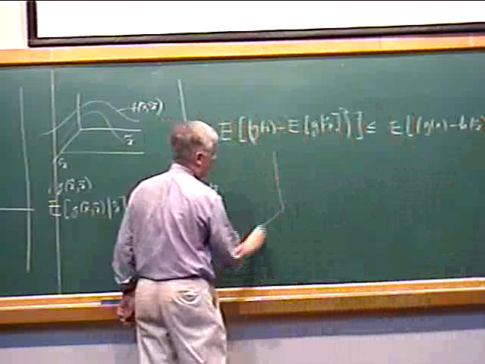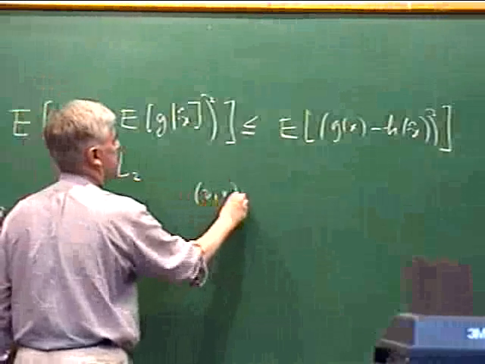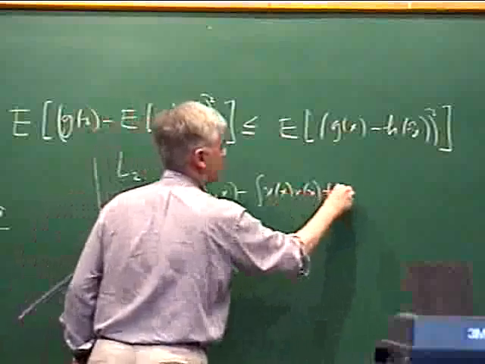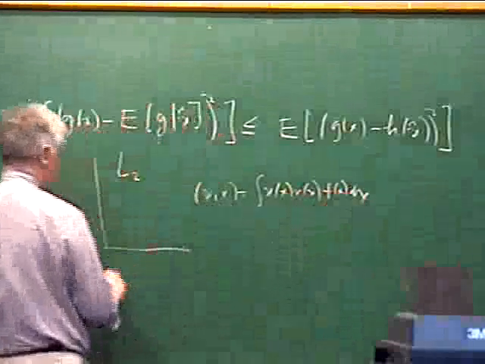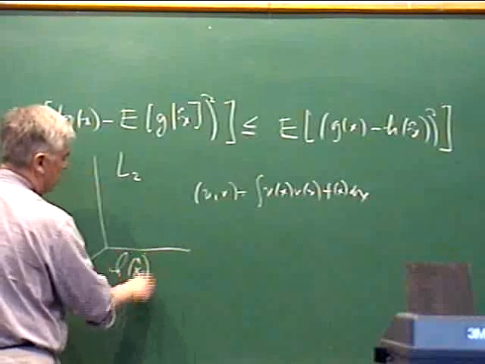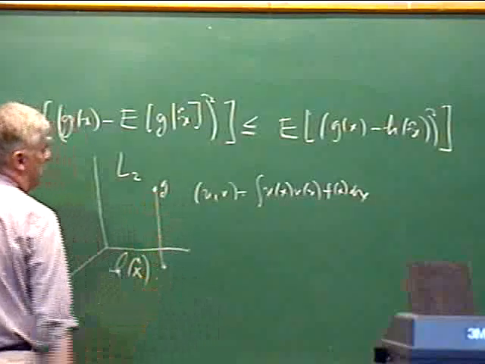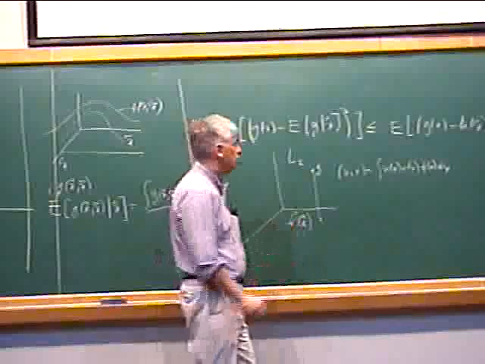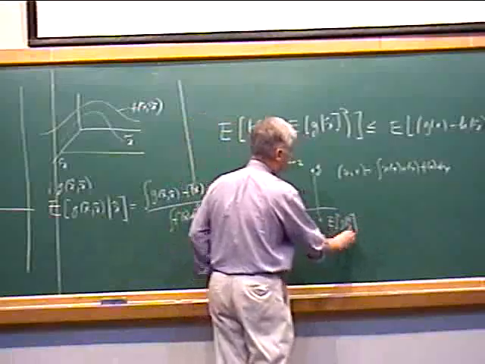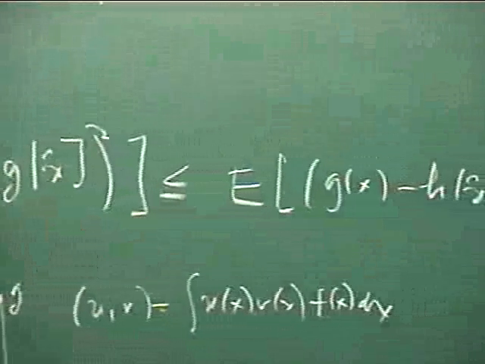So if you think of a space of functions, L2, where the inner product of u and v is the integral of u of x, v of x, f of x dx. Okay, this is L2. You look at the subset here of functions, let's say h of x roof alone. This tells you your function g, its closest approximation among functions of x roof alone is this conditional expectation of g given x roof. And that tells you in particular that this difference here is orthogonal to everything in here. And that's a projection. This is a projection.